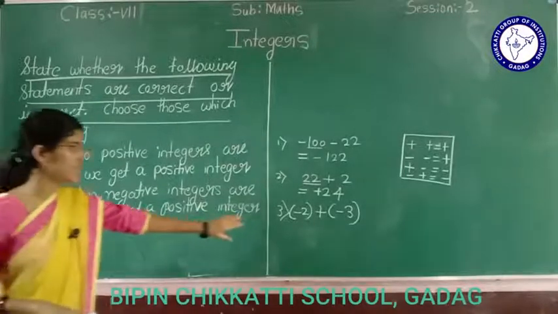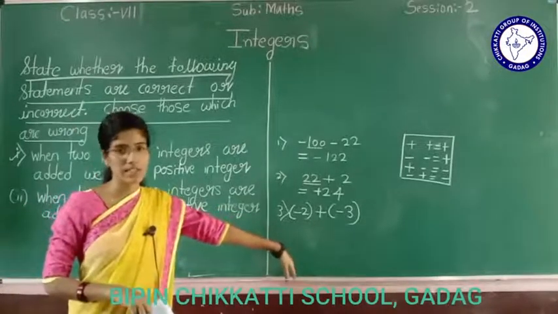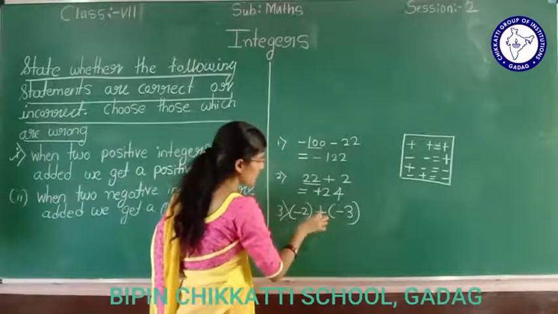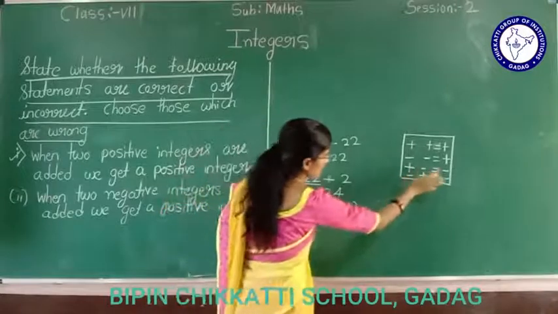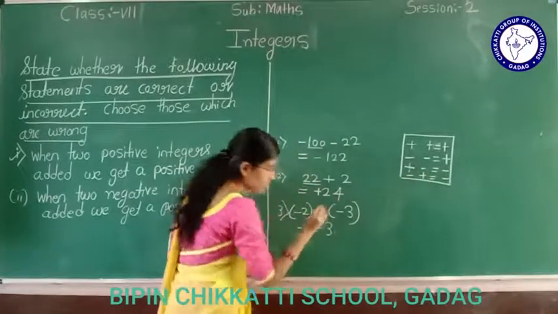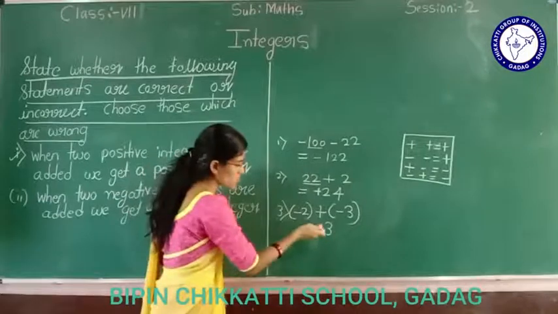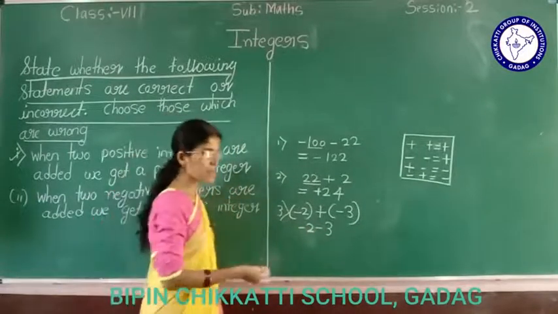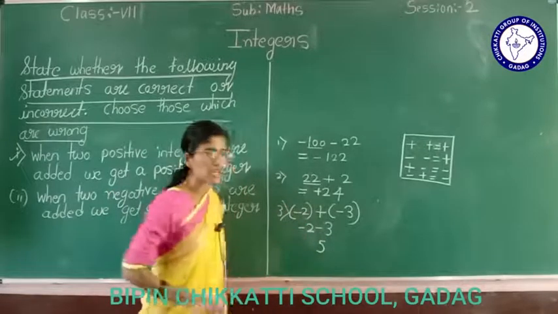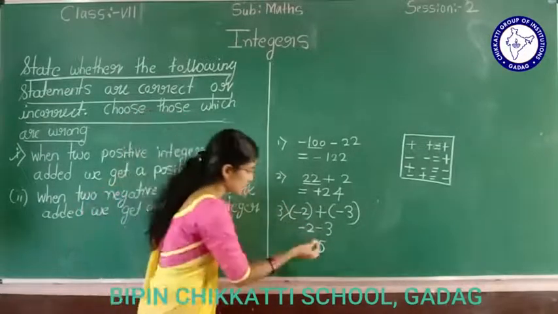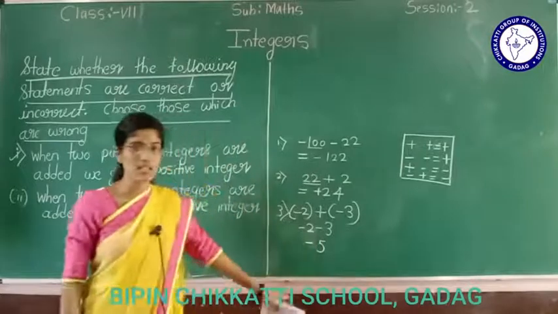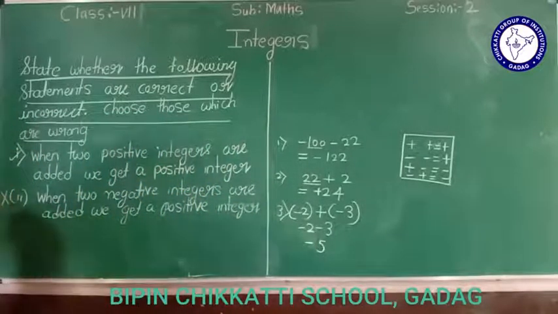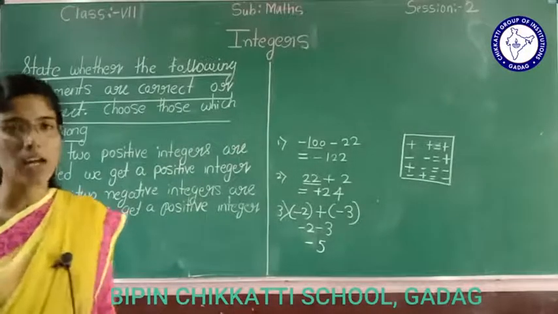We will check here. Minus 2, we remove the bracket, plus minus is minus, minus 2 minus 3. What is minus 2 minus 3? Minus is plus, I am spelling plus. 3 plus 2 is 5, the bigger number is 3, 3 has a minus sign, so the answer is minus 5. This statement is not correct. I gave the reason also in the last class.